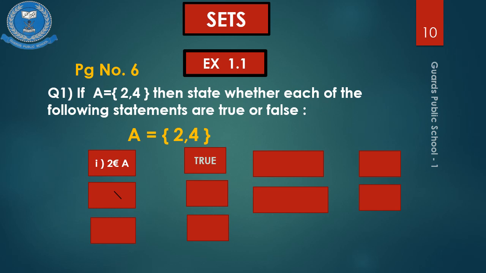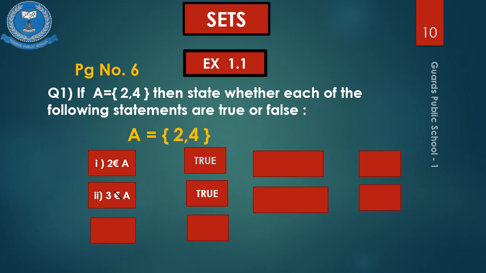Look at part 2. 3 does not belong to A. Now look above at the set A. Does it contain digit 3? No, it doesn't. And here it is written that 3 does not belong to A. So 3 is not an element of A. So this statement is also true and we will write true.